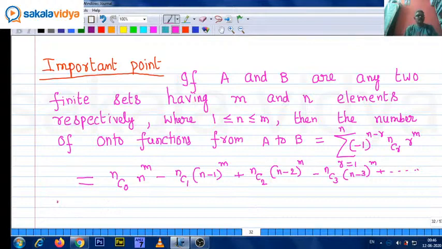Next, the number of into functions which are not onto.